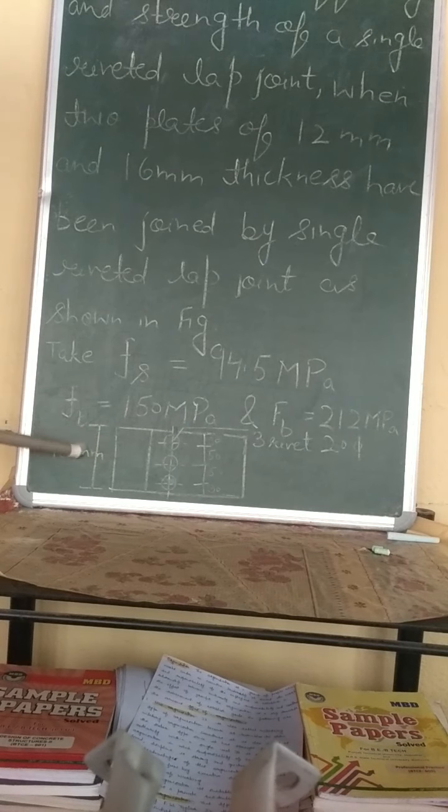In this diagram, the width of the plate is 160 mm and the number of rivets in full width is 1, 2 and 3. The diameter of the rivet is 20 mm.